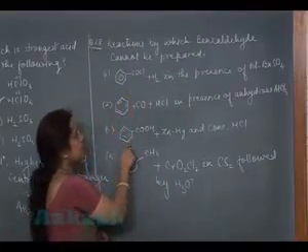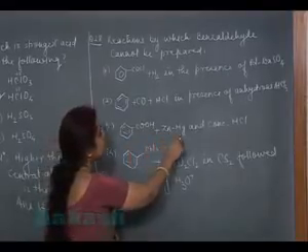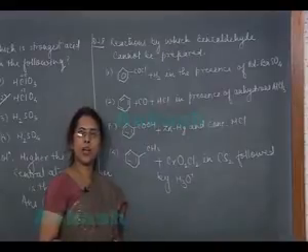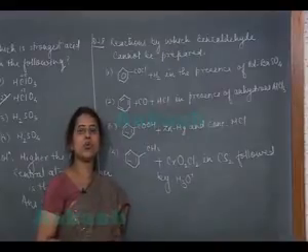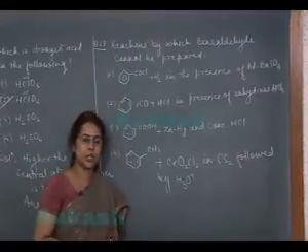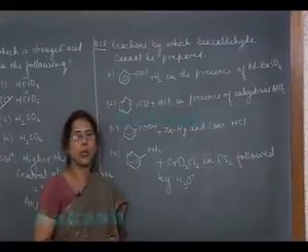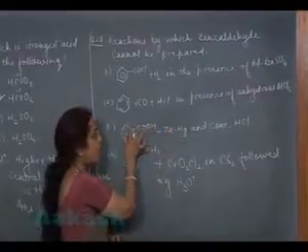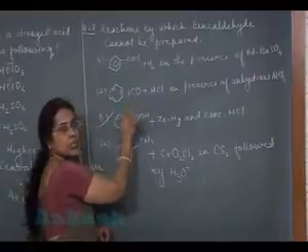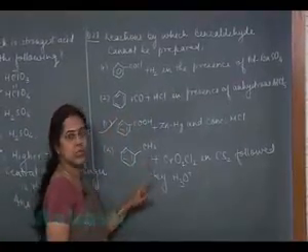The third option is benzoic acid plus zinc amalgam and concentrated HCl. Zinc amalgam and concentrated HCl, this is known as Clemmensen reduction. This reduction can be used for the reduction of carbonyl compound, but this reducing agent cannot reduce benzoic acid. So using this method we cannot prepare benzaldehyde.